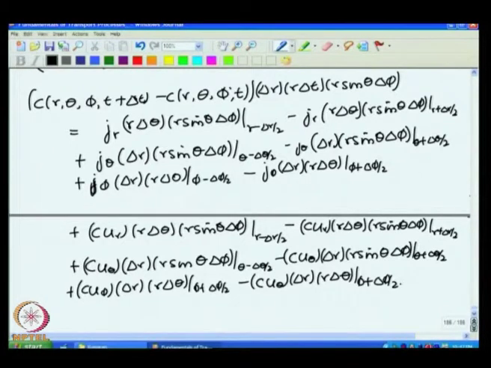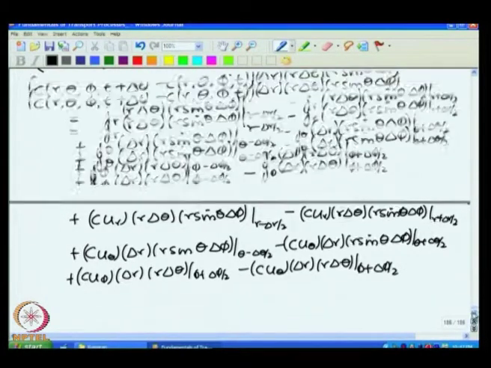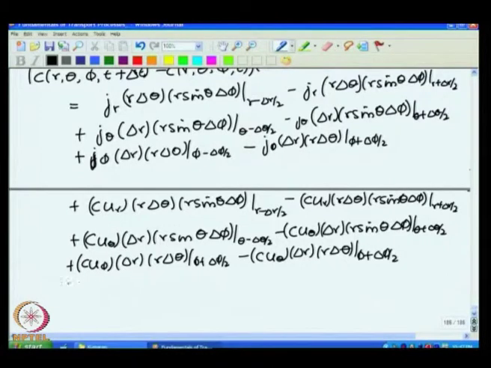So, those are the terms due to convection, and finally, I am going to get a source term, plus S delta r delta theta, r sin theta delta phi and delta t.